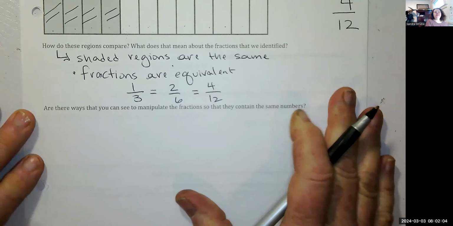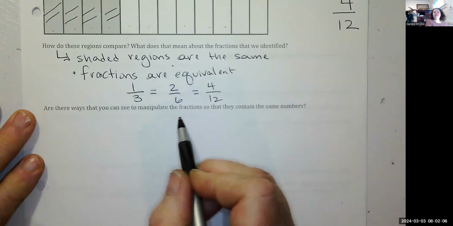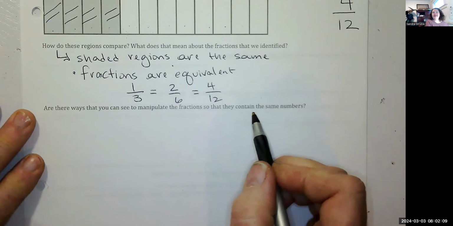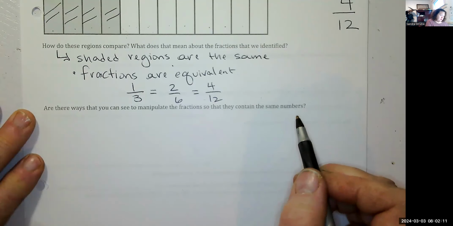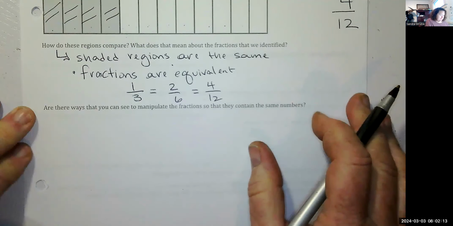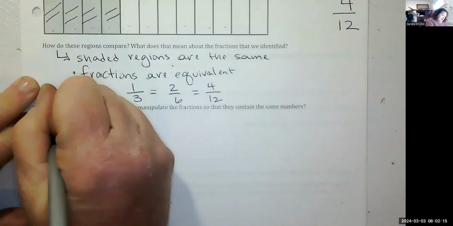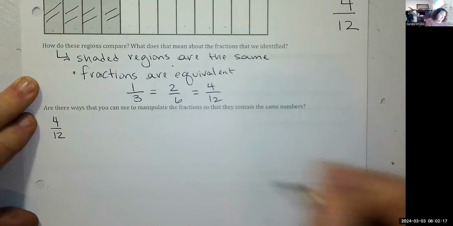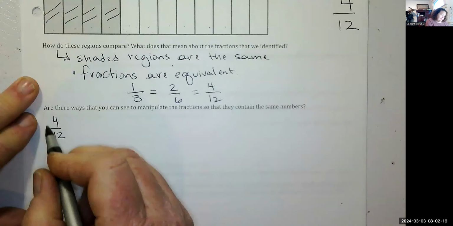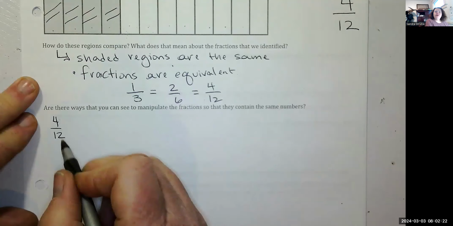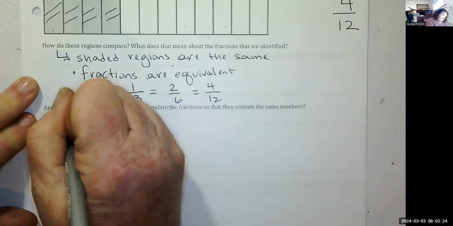Are there ways that you can see to manipulate the fractions so that they contain the same numbers? Well, yeah, we could do that. All right, 4/12. I could divide both the numerator and denominator by 2.